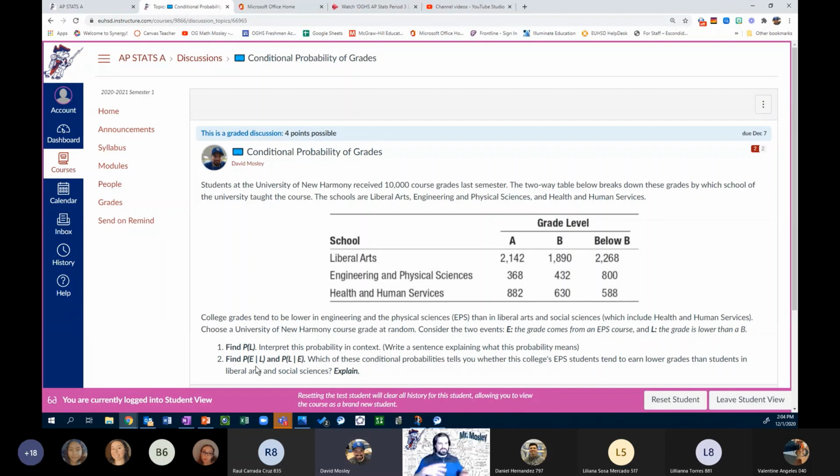So you're going to have to use the values on this two-way table to find those probabilities. The last part of question 2, which of these conditional probabilities tells you whether this college's EPS students tend to earn lower grades than students in liberal arts and social sciences? Explain. It doesn't need to be a huge explanation. One or two sentences will suffice.